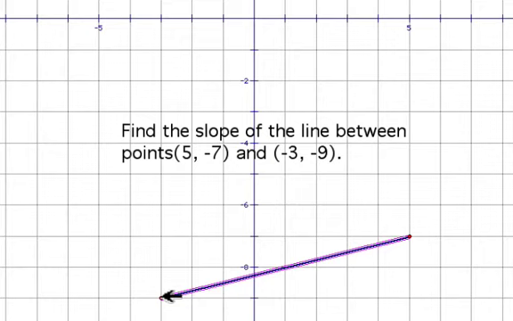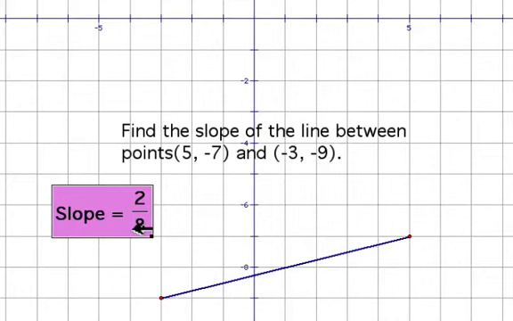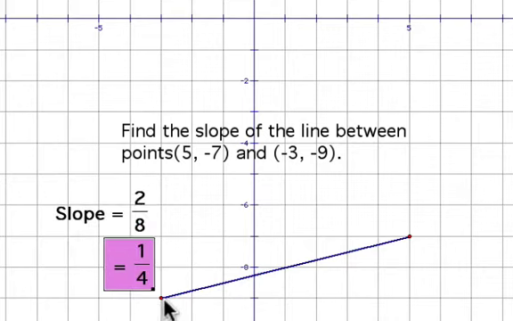And the slope between these 2 points is we go up 2 and over 8. All right, so the slope is 2 over 8, rise of 2, run of 8. But then that reduces to 1 over 4, because going up 1 and over 4, if you do that twice, then you've gone up 2 and over 8. So 2 over 8 and 1 over 4 have the same slope because those are equivalent fractions.